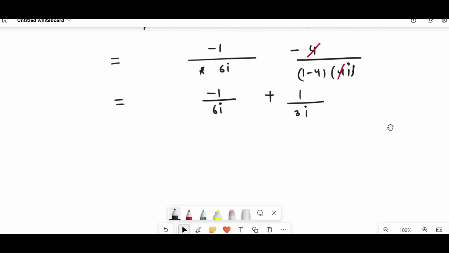So now further simplifying, this value is equal to i by 6 minus i by 3. So this value is equal to negative i by 6.